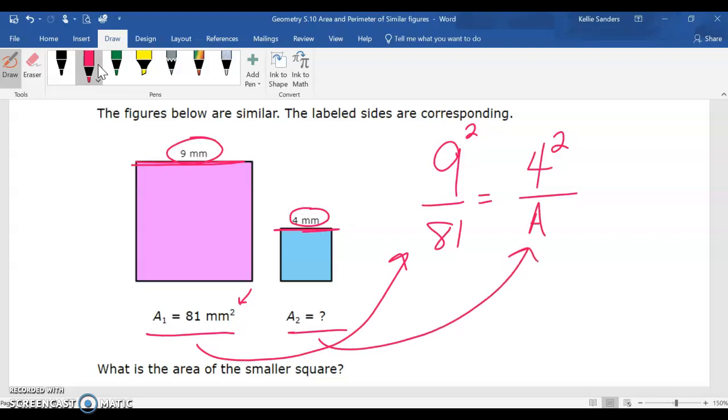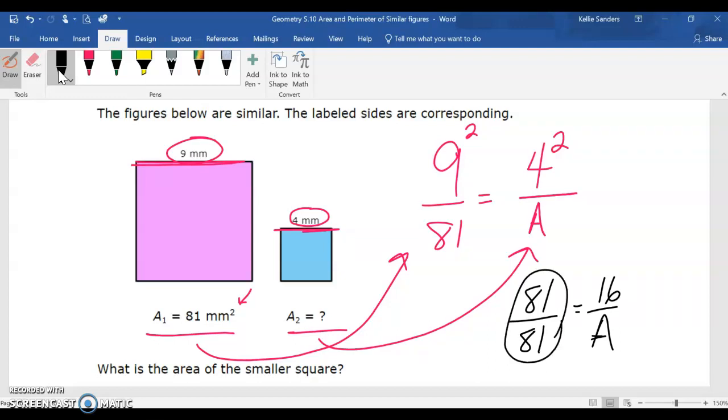In this case, it turned out kind of handy because 9 squared is 81 over 81 equals 4 squared is 16 over A. You could cross multiply and divide, but if this is 81 over 81, the fractions have to be equal. So what would this need to be for this to be 1? It's going to be 16.